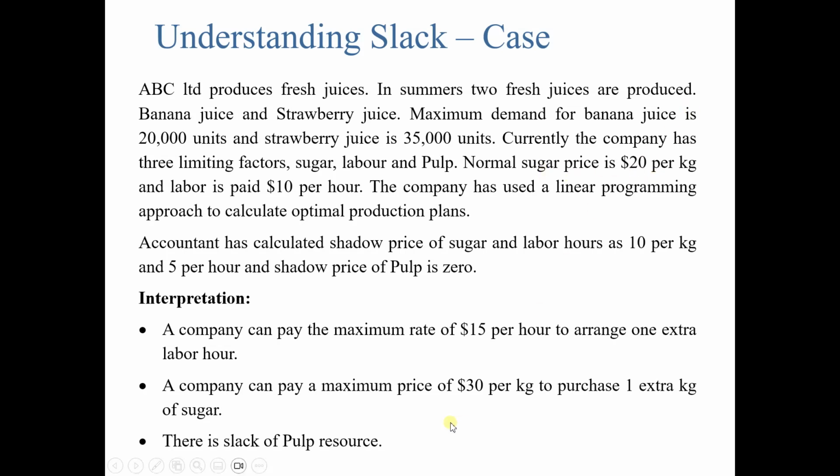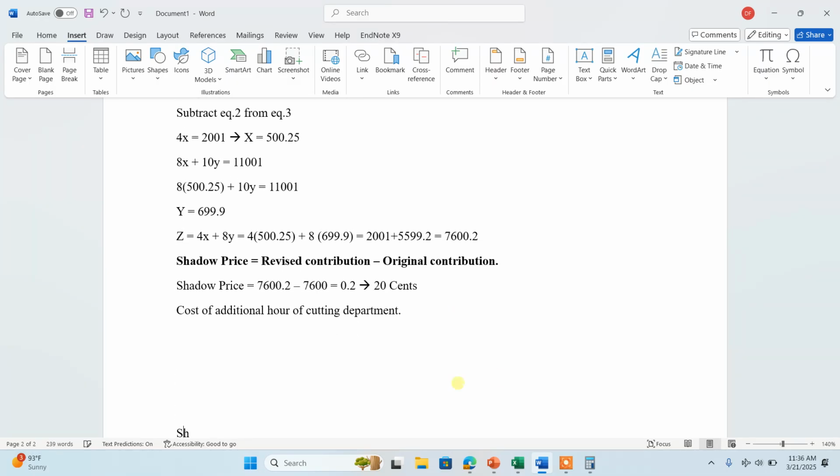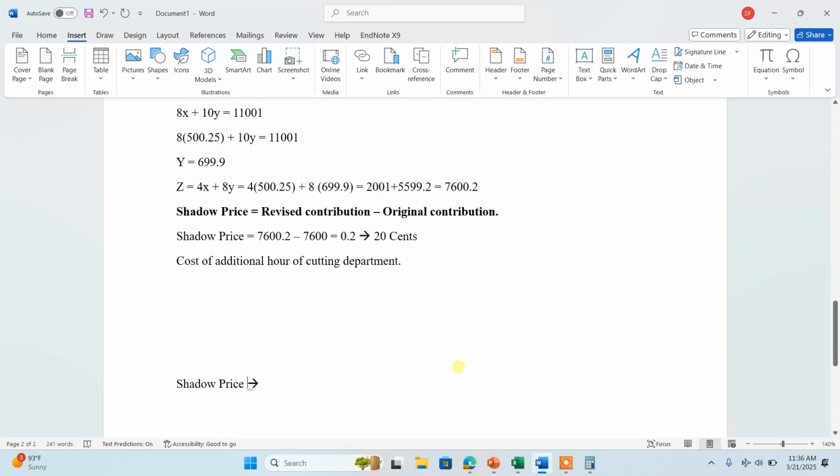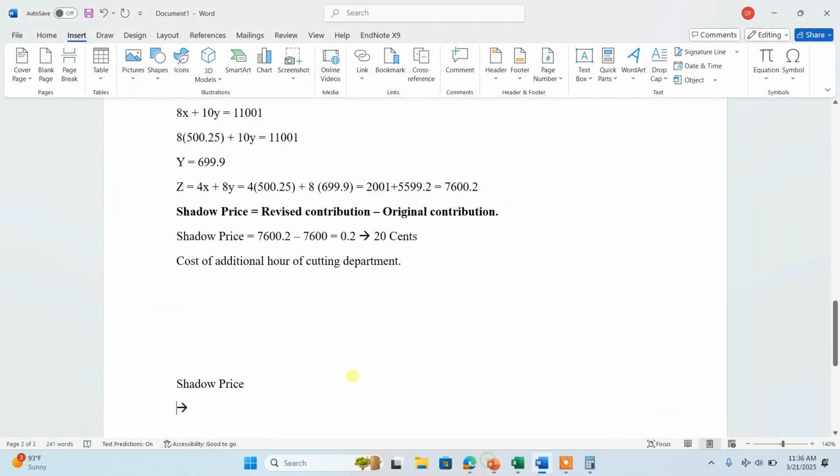But in this example, you can see that the shadow price of sugar is 10 per kilogram, and its cost per kilogram is $20.